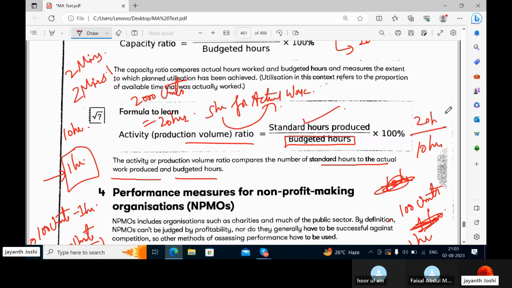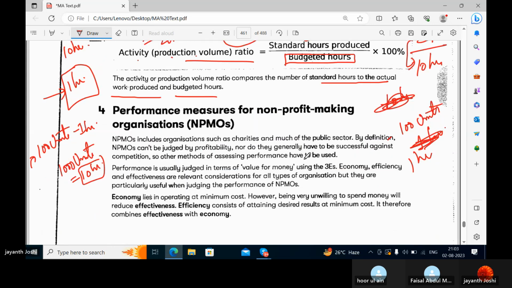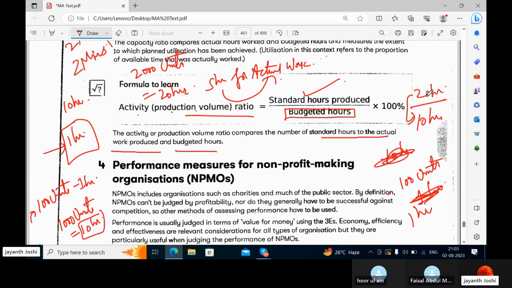So it is 2 times what you have budgeted. That's what the activity or production volume ratio is. You have taken twice the time you budgeted, since you made 2000 units instead of the standard 1000, and 20 hours were consumed.